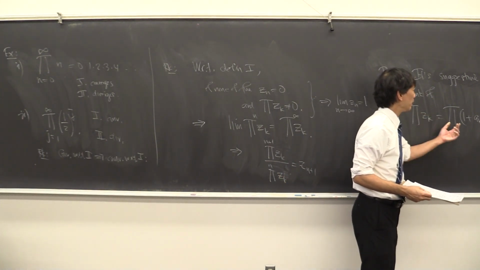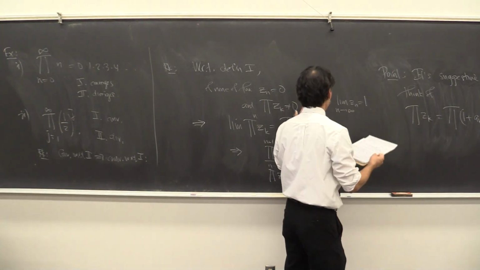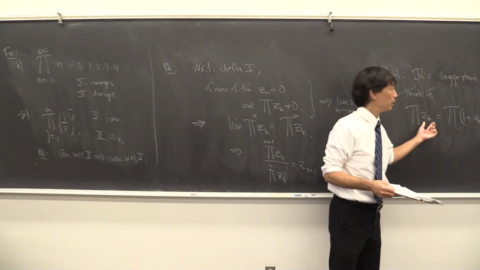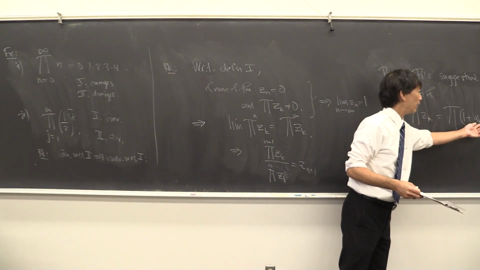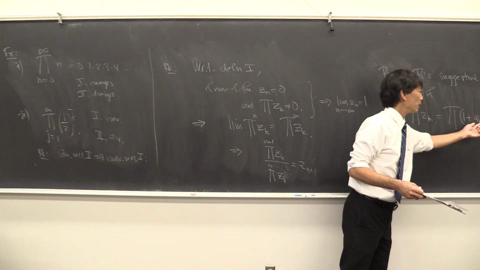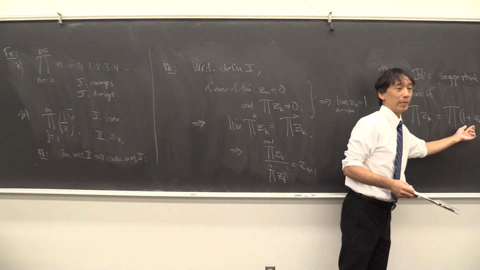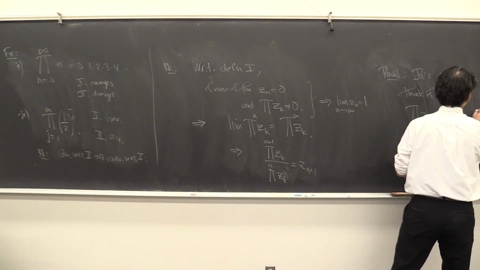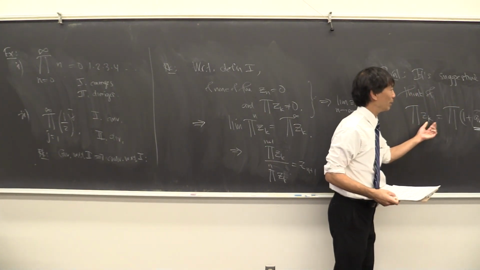So roughly speaking, the z_k's are going to tend towards 1. So what's important is this little difference from 1. It's important to think about this thing rather than about 1 plus that thing.